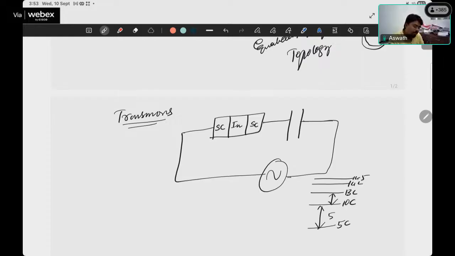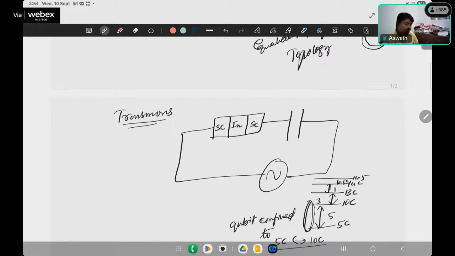This is 5, this is 3, this is 1, and this is 0.5. So if I realize a qubit out of two states, the information is just real, like contained or confined qubit information, qubit confined to 5 coulomb and 10 coulomb states.